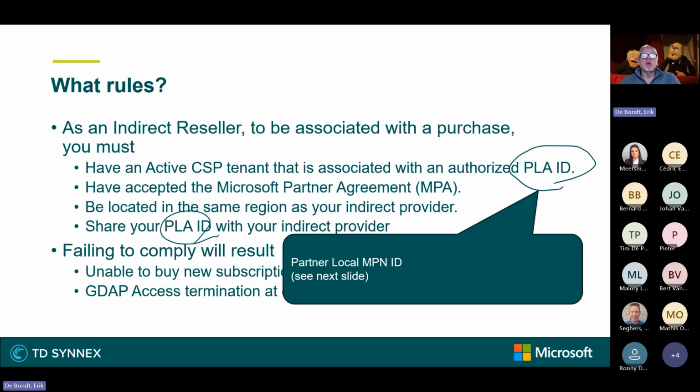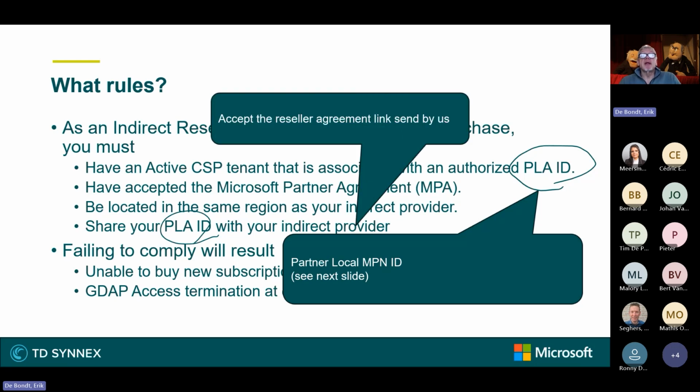So that is what we need. You also need to accept the reseller agreement link, which you will receive if needed. If it's already signed, fine. If you didn't accept the reseller agreement between us, then you need to do it. I'll come back to that. What happens if you cannot accept this reseller agreement?